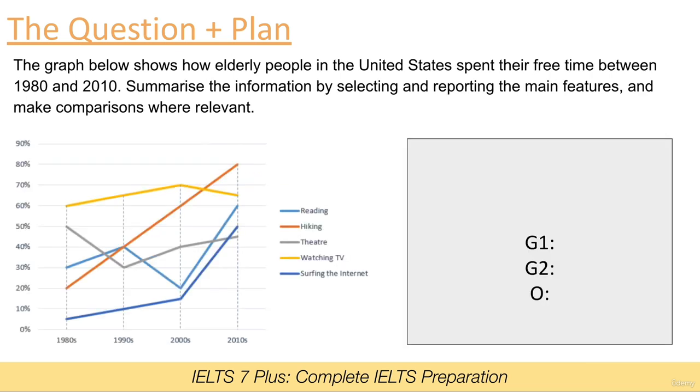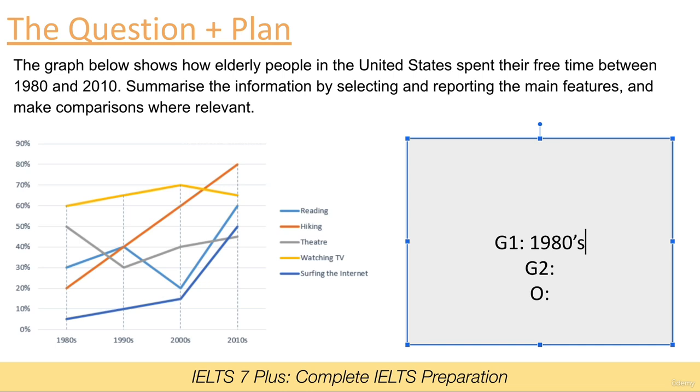Okay, so our plan, very important piece of paper to help us in the exam here. So group 1, we're going to discuss the 1980s. Oh, not the 1890s, the 1980s. And what's happening there?